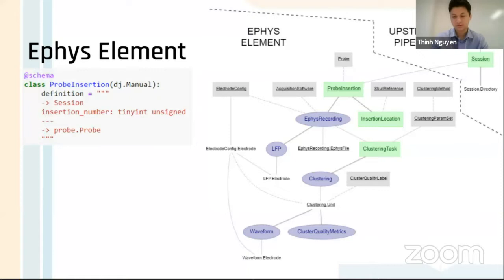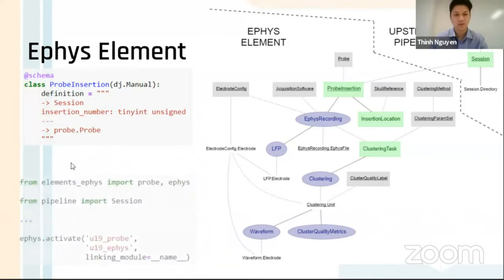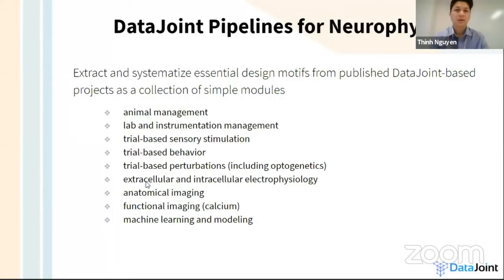And same thing, there are these DataJoint tables and the way you would activate these elements, right? So what I've shown there are basically two elements, and I just wanted to quickly show an example so that you have a sense of what these elements are and how to use them on a high level.